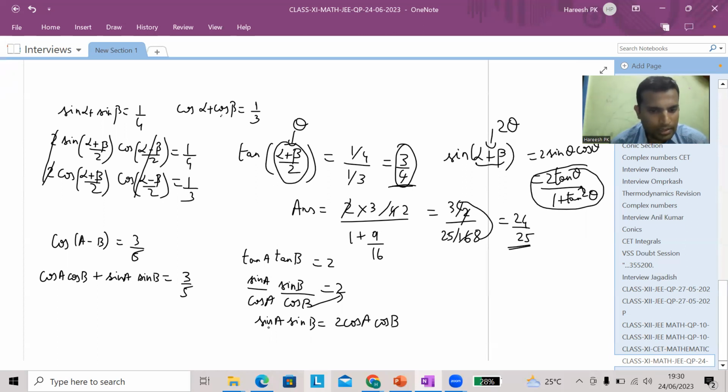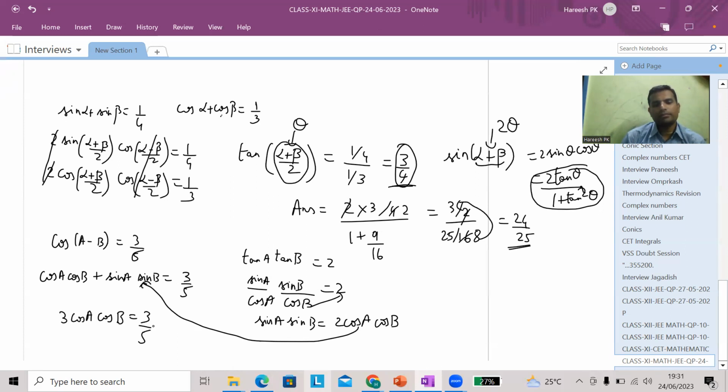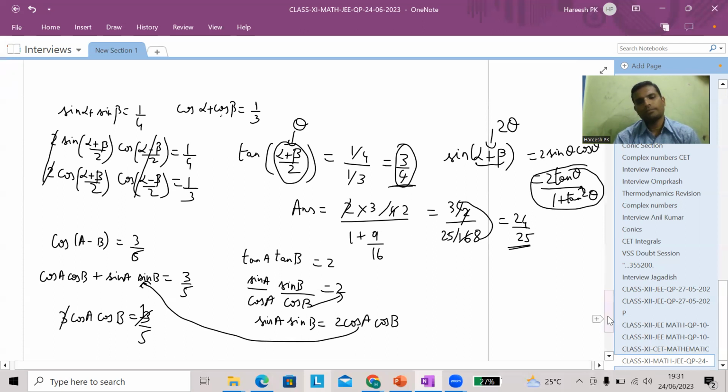So now I'll substitute this here. So when I substitute this here, I'll get 3 cos a cos b is 3 by 5, or cos a into cos b is 1 by 5.